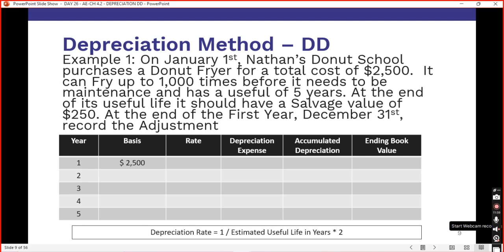Okay, so then the next one is going to determine the rate, which is 1, the whole number 1, divided by the estimated useful life in years, multiplied by 2, because we're doing double declining. I want to do it twice as much.